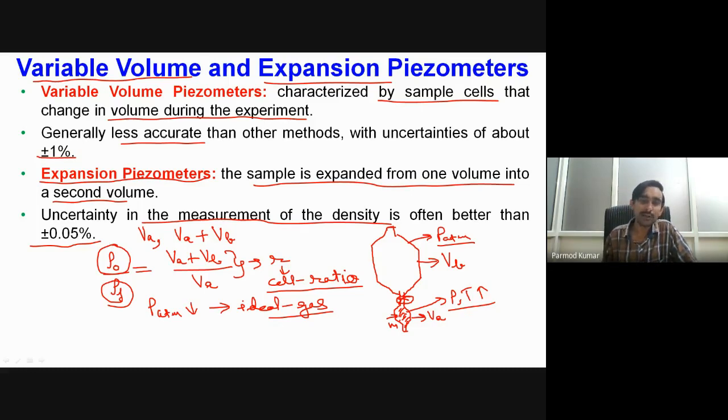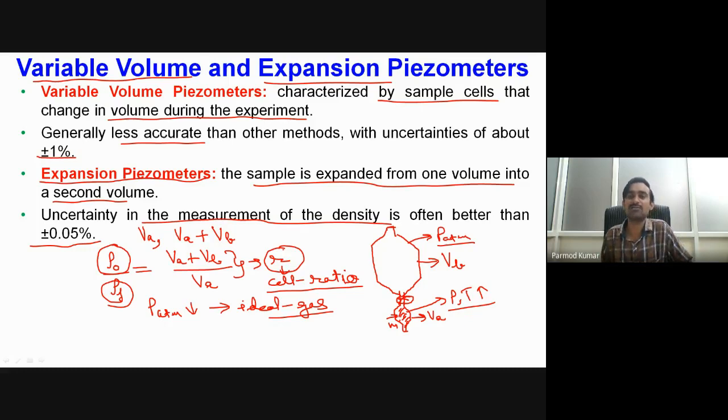Okay, so this is the method. When we have only single stage expansion, we consider the second stage volume as very large, and there are certain devices which are also constructed based on multi-stage expansion in order to achieve a large value of R. Why do we want to go for a large value of R?